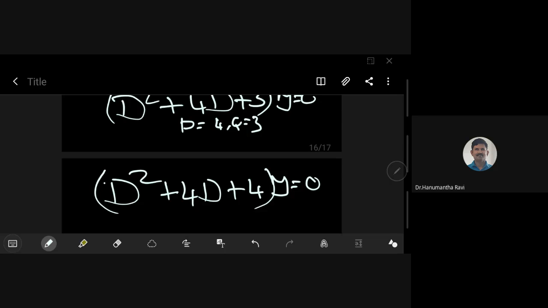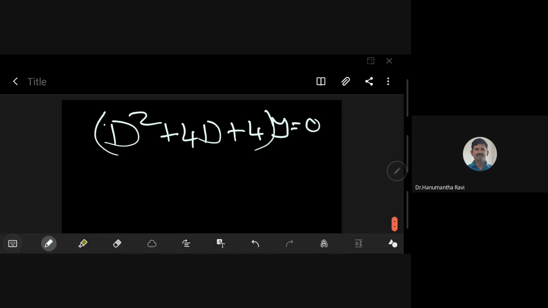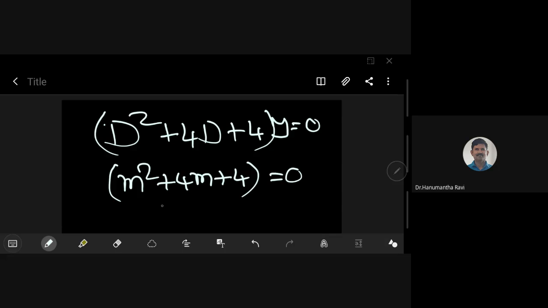So for this one, the auxiliary equation is m square plus 4m plus 4 is equal to 0. This can easily be realized as m plus 2 whole square is equal to 0.